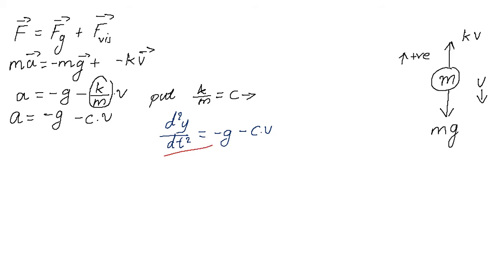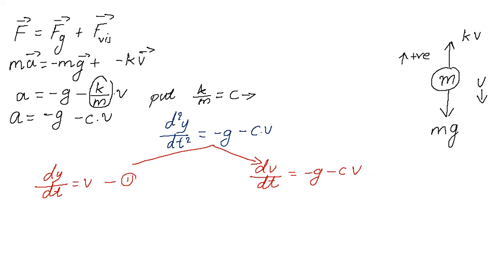The first equation is dy by dt equals v. So this is the first equation. Now the second equation will be dv by dt equals minus g minus cv. We'll call this equation number 2.